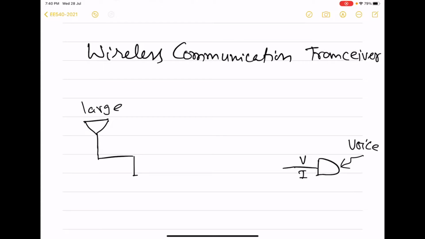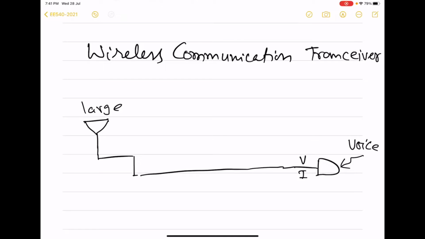Another disadvantage of connecting this directly to antenna is that the receiver, the person who is intended to receive this voice, will not only receive this voice, but voice transmitted by all other transmitters in the same locality. That means all the voice signals are going to be confined up to 20 kilohertz.